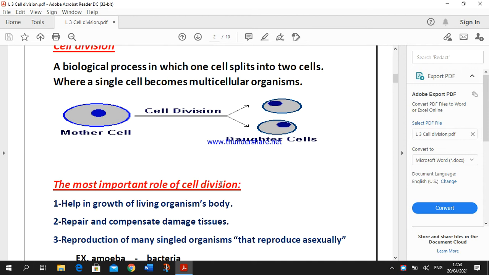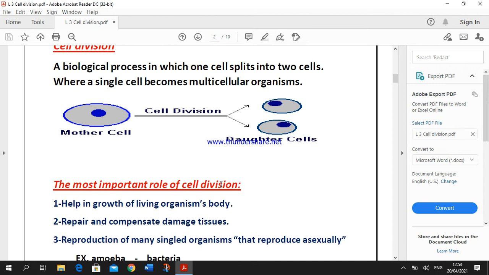In this lesson, we explain what's meant by cell division, okay? And we will talk about the cell division in detail. What's meant by the cell division? Cell division is a biological process in which one cell can split into two cells, where the mother cell, by cell division, can produce two new cells known as daughter cells.